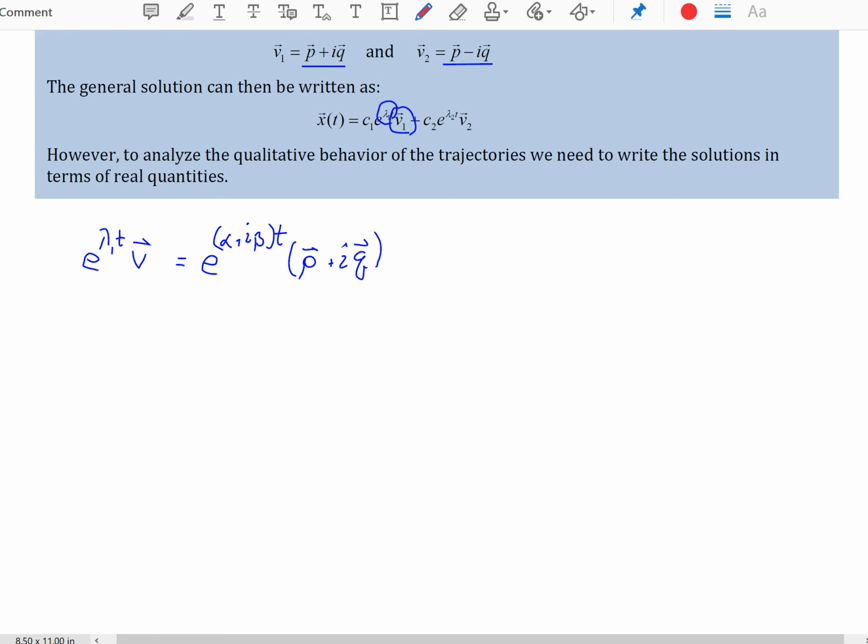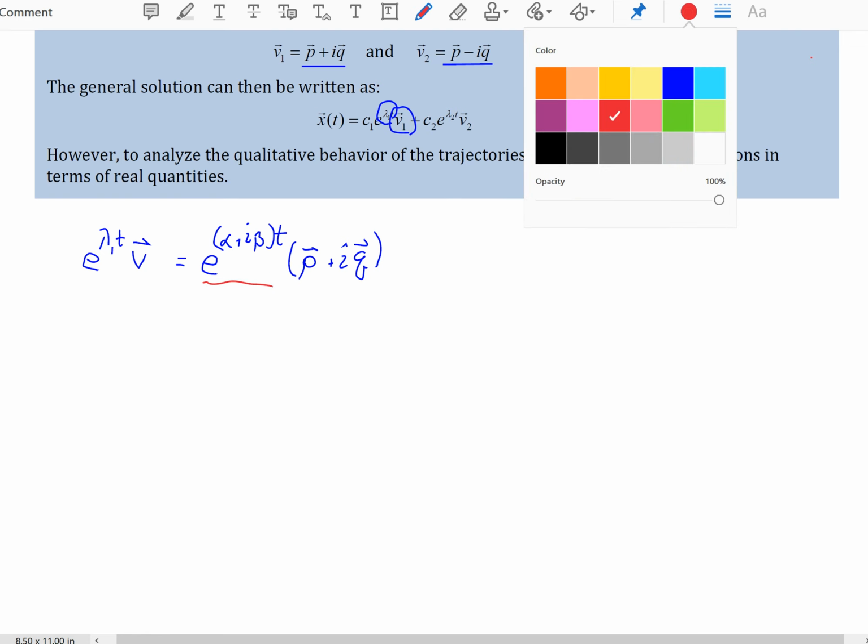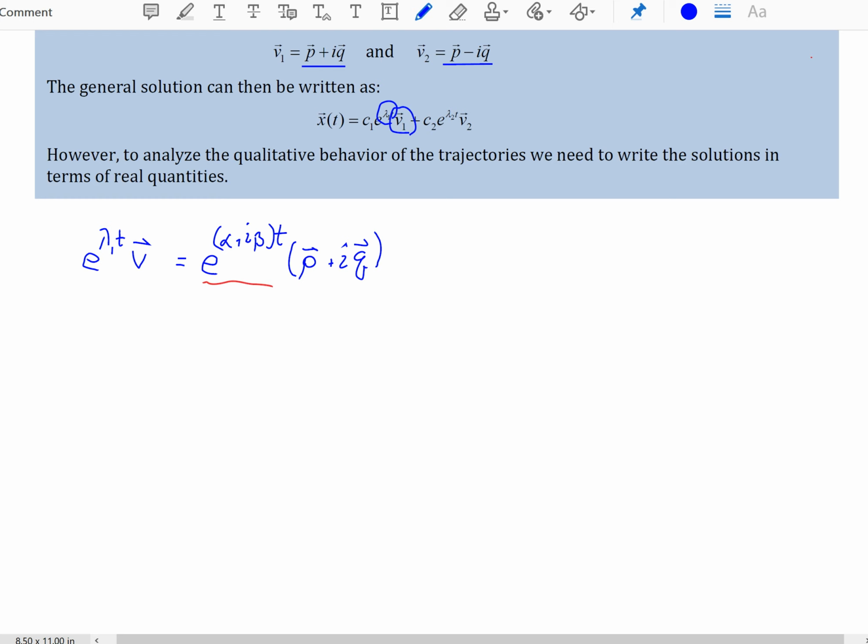Maybe the first thing we can look at is how to rewrite this exponential term. Maybe distributing that power of t, we can write this as e to the alpha t plus i beta t.